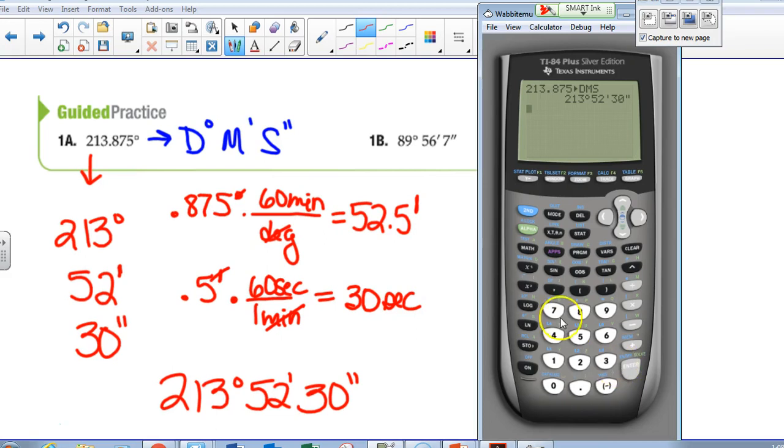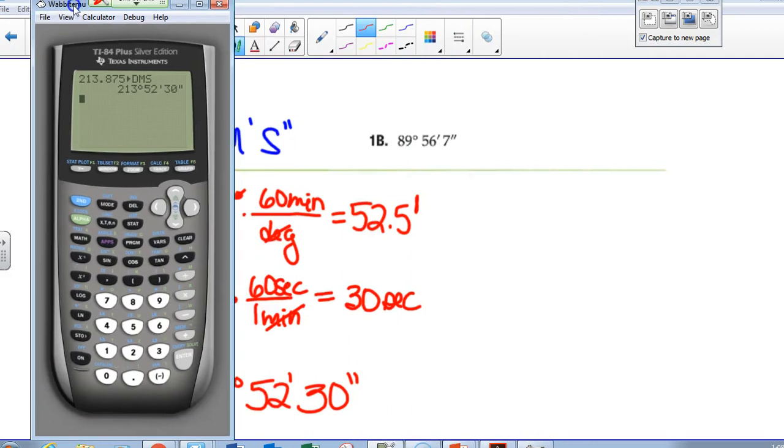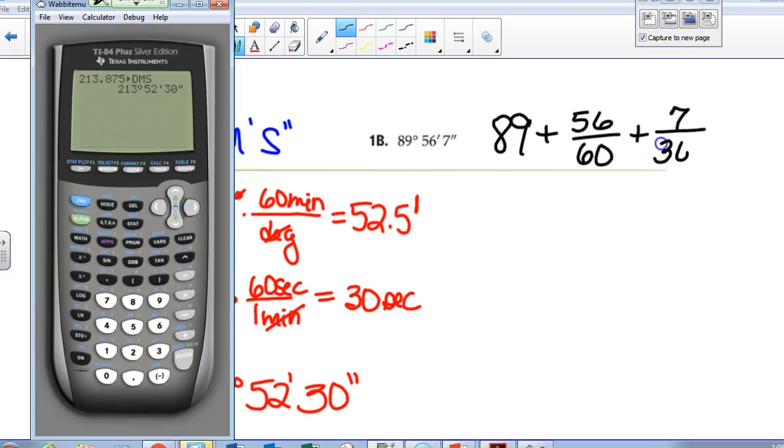On the other hand, this next one is more painful on the calculator, in my opinion. The basic idea is that this is 89 degrees plus 56 what? Okay, so 56 60ths of a degree, yes? Plus, how many seconds are there in a degree? 3,600.